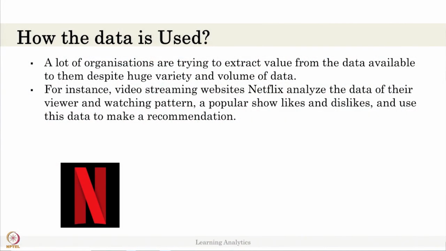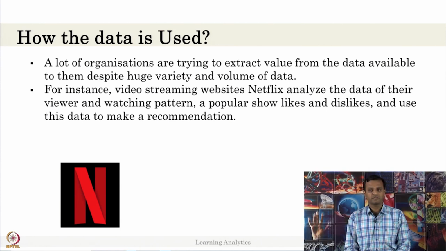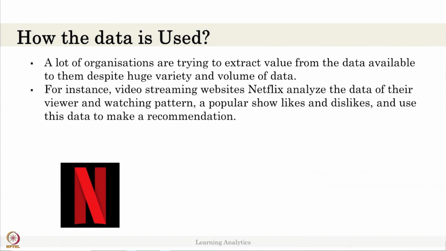For example, in video streaming websites like Netflix, the data of users' viewing behavior, which movies they watch, the ratings, the likes and dislikes are used to recommend the next video for them. Similarly, in e-commerce websites like Amazon, based on users' purchases, the system can recommend the next product to purchase.